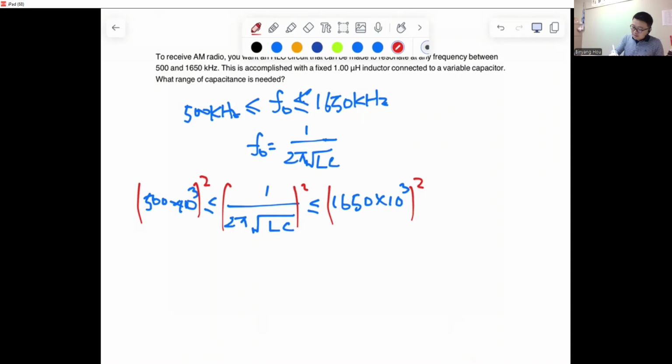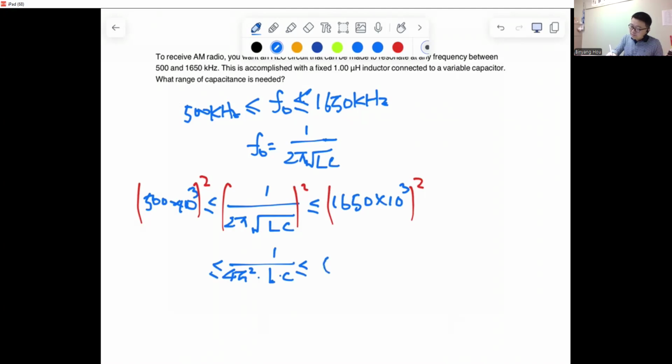If you square, this becomes 4 pi squared times L times C in the denominator. Now you can multiply everything by 4 pi squared times L to isolate C.